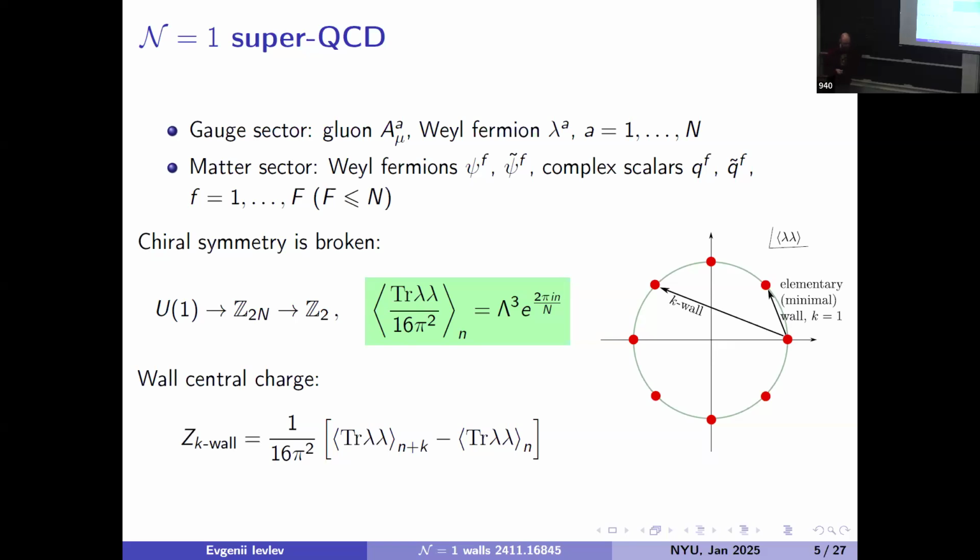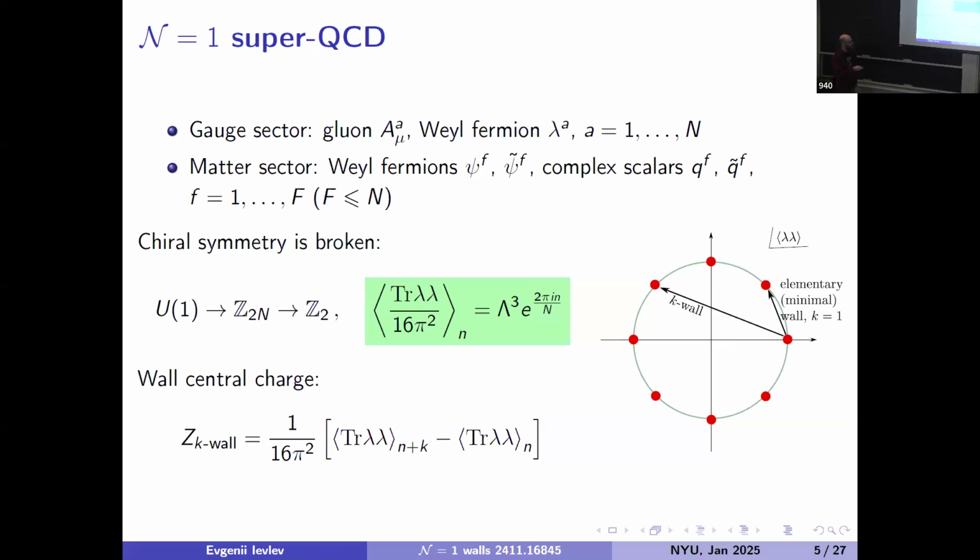This symmetry is just fermion parity, it's hard to break. The order parameter for this spontaneous discrete symmetry breaking is the gluino condensate, which is known exactly in this supersymmetric setup. It's just Lambda cubed, where Lambda is like Lambda QCD, the parameter in this area.